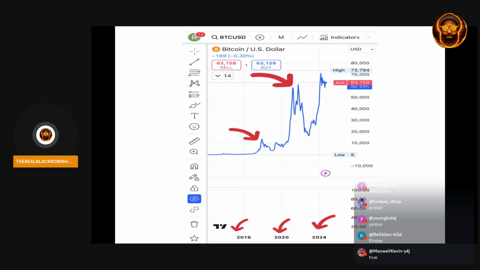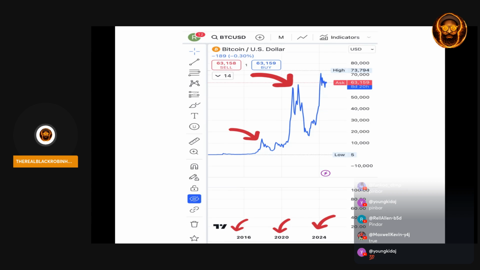Again, if you look at 2016 with Bitcoin, the lows are becoming highs, right? So in 2016 here, this was the Bitcoin peak over here. Then it dropped. And it went all the way up. Then it dropped. Then it went all the way up again.